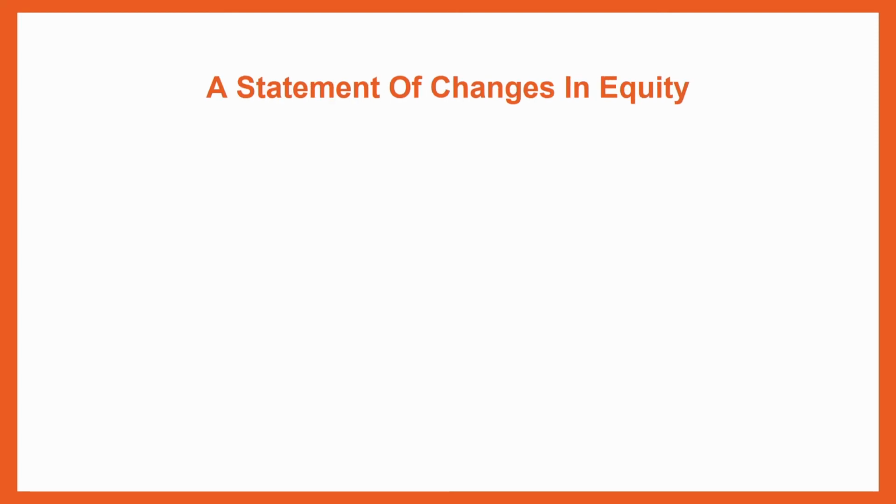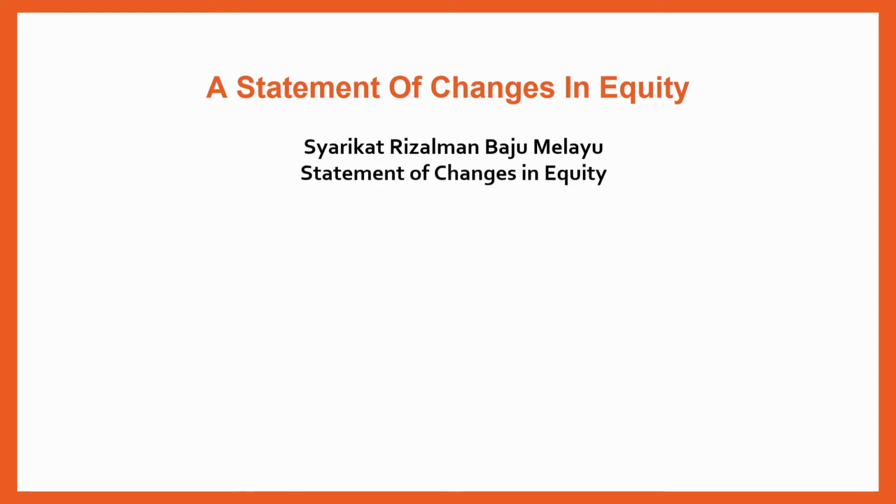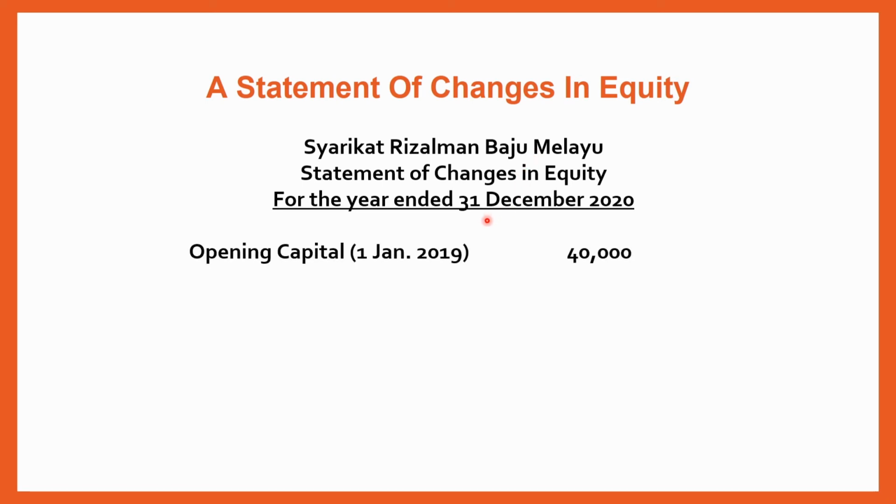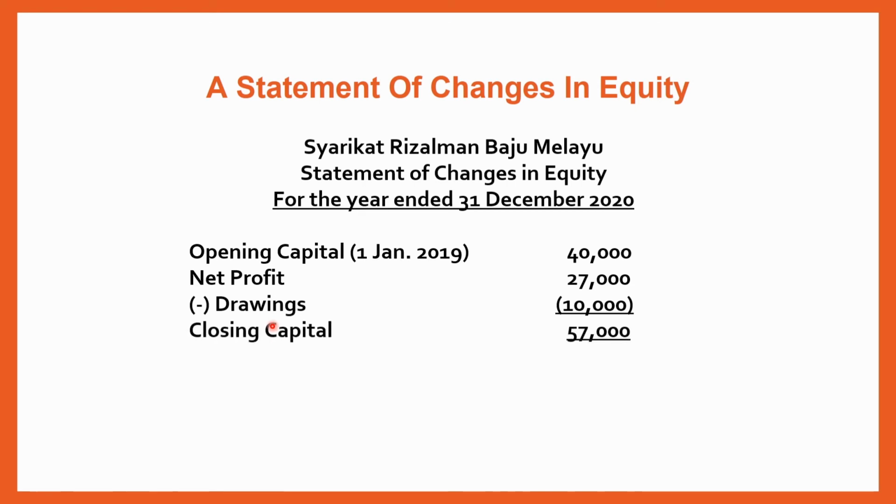This is the example or the format for statement of changes in equity. So that is the name of the company, the statement, and also the accounting period. And this is the format. Opening capital plus net profit less drawing, and the last one gets closing capital.